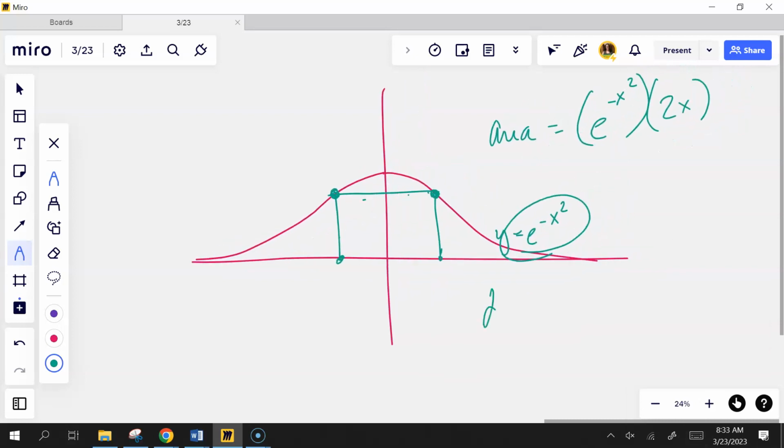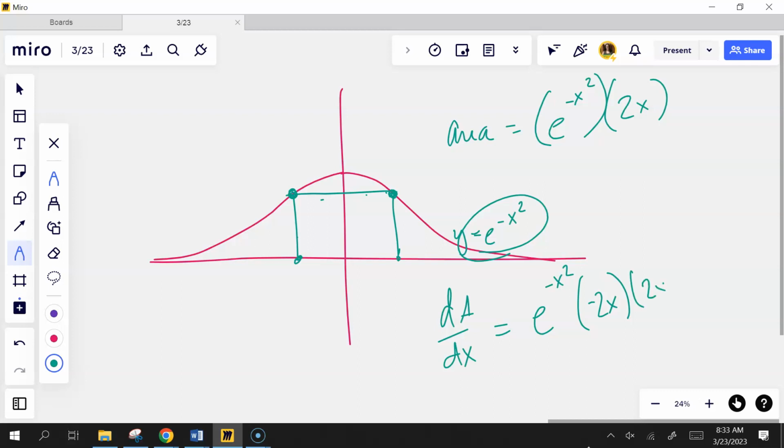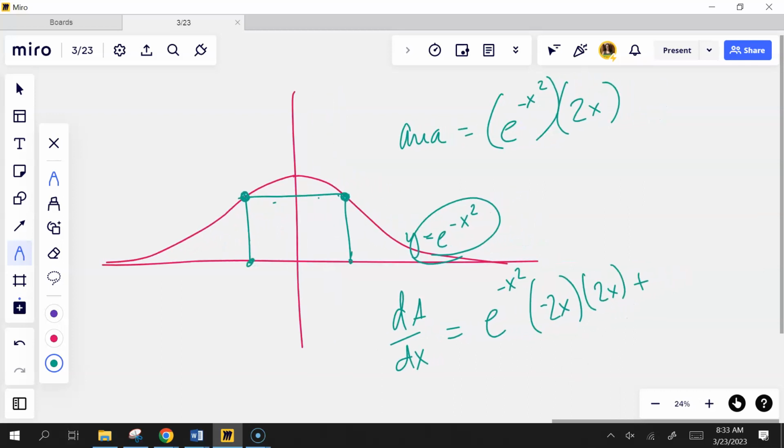So now the derivative of the area with respect to x would be derivative of the first, chain it, times the second, plus the first, times the derivative of the second.